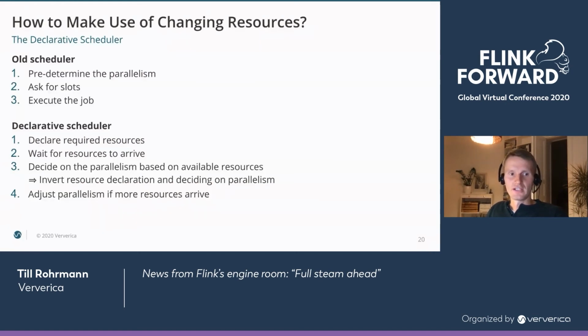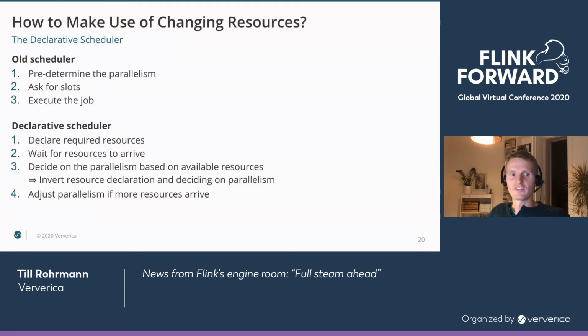What we have to change is to make use of this declarative slot allocation protocol. So a declarative slot scheduler should work the following way. First, it takes a look at the job it's supposed to execute and declares what kind of resources it needs to run it with, as well as possible.